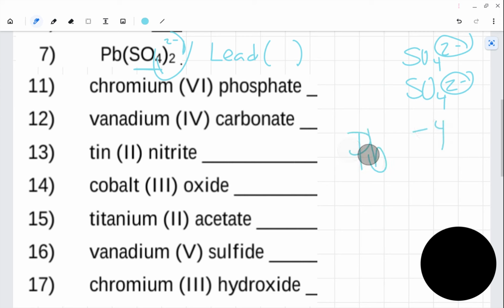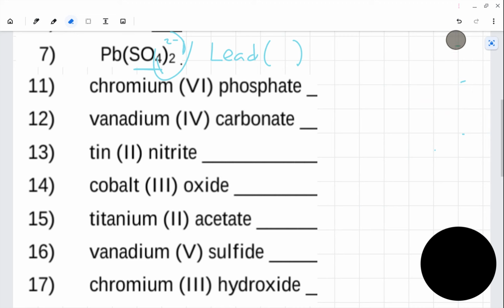But it took 1 lead with a positive something to get to 0. Okay, so that means that this 1 lead had to have been a +4, because I need -2 to get 0. So my lead had to have been lead 4.